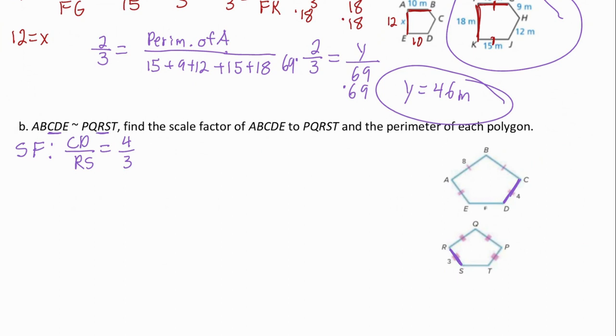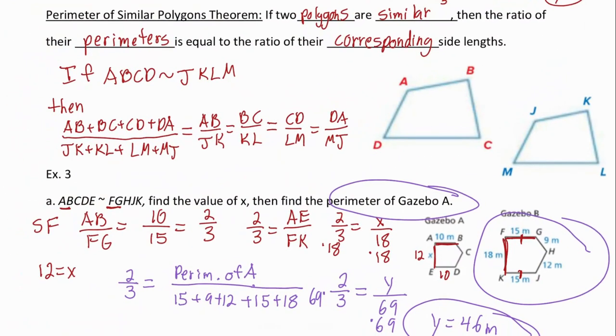And then it asks us to find the scale factor, which we did. We got that it was 4/3 of ABCD to PQRST. So again, it's asking in that specific order. That's why ABCD went on the numerator and PQRST went on the denominator. So we do need to be careful when it's asking us for a specific order. I don't think it's done that before.